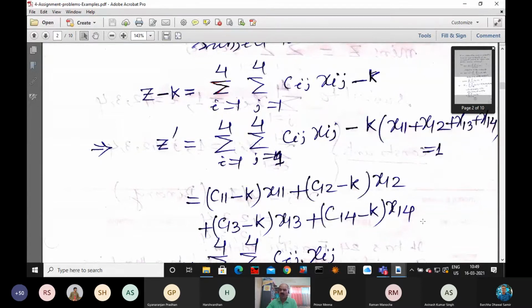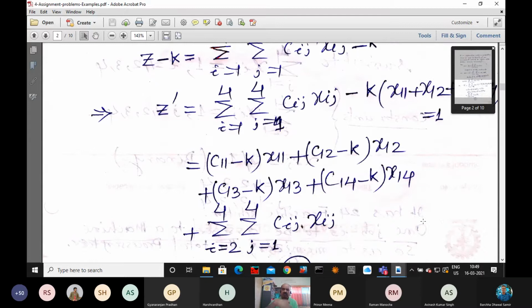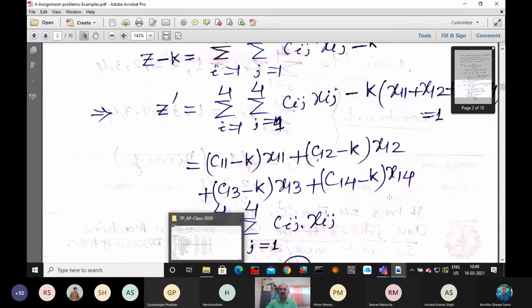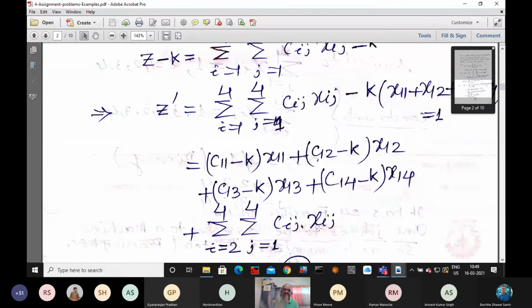Now, whatever I have already arranged, instead of summing i from 1 to 4, I am taking summation i varies from 2 to 4, j varies from 1 to 4, cij xij, the same thing after arrangement.